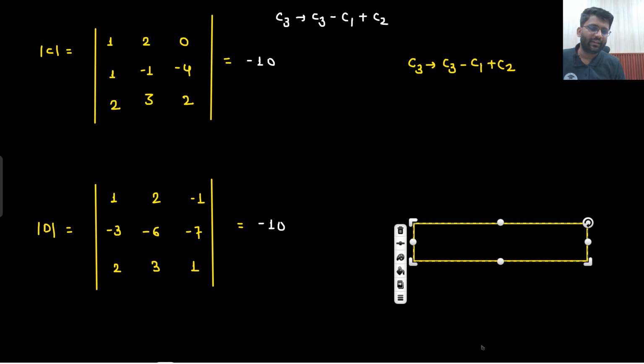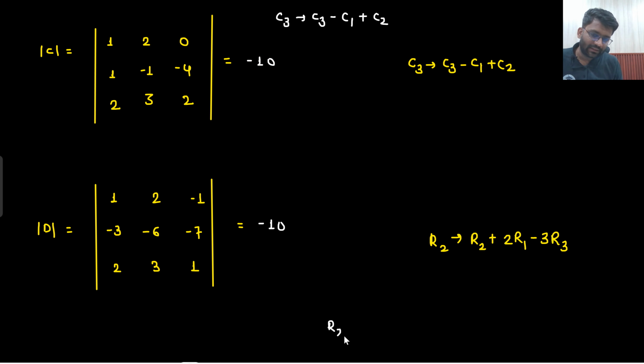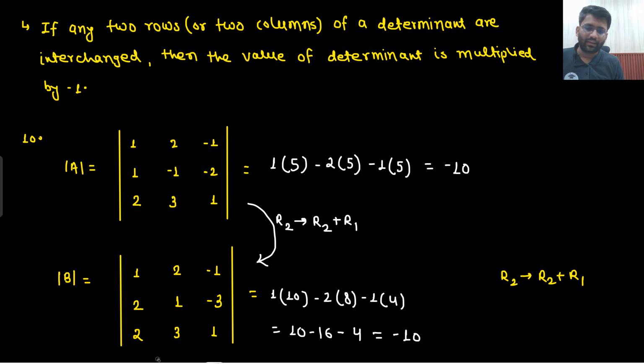And in the last one, in the second row I took the second row, then added twice of row 1 and subtracted thrice of row 3. This was my row 2, which was 1, minus 1, minus 2.